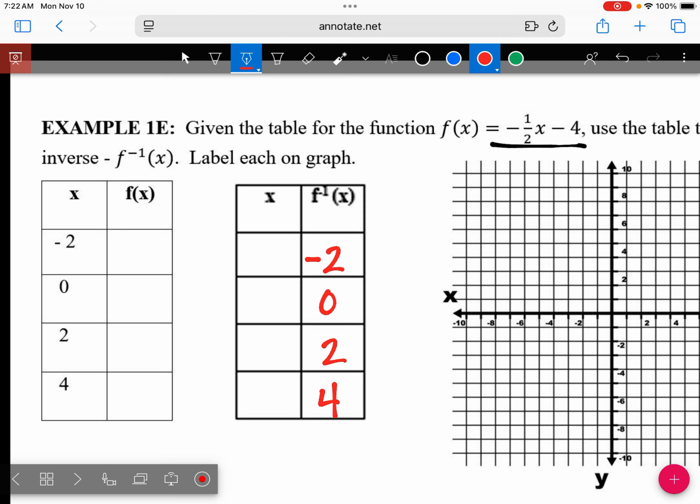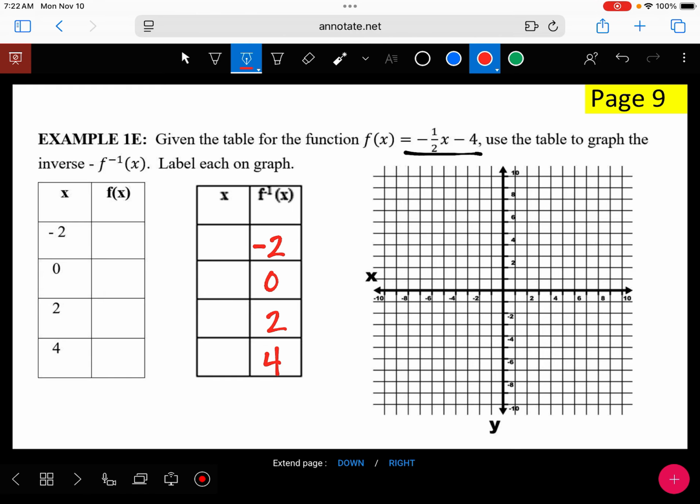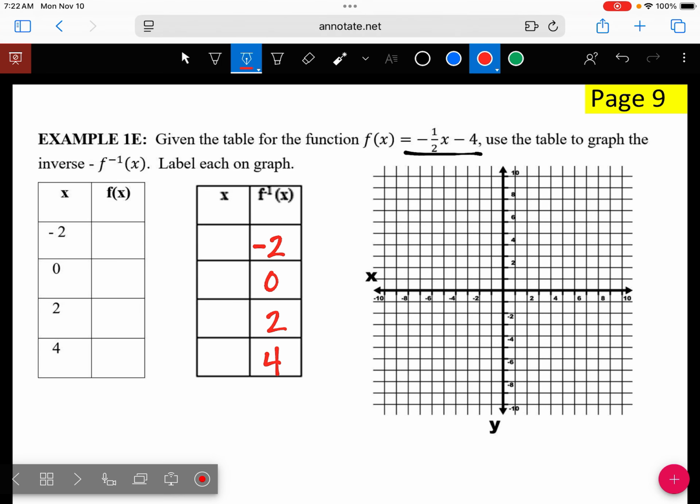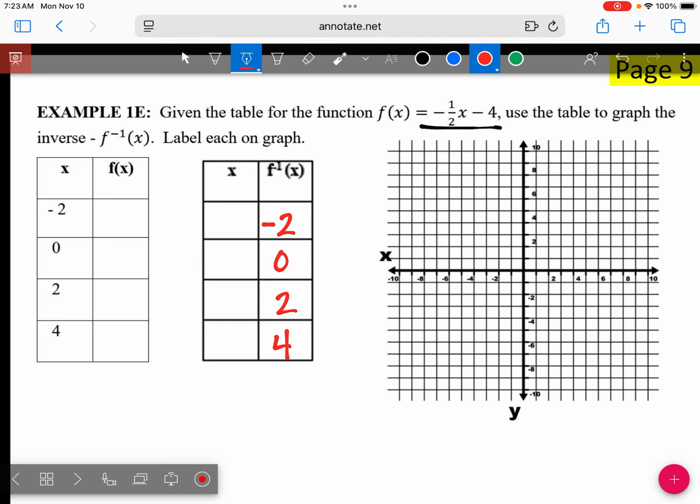So now you're going to take that negative 2 and you're typing it in to your function. So you're going to do negative 1/2 times negative 2 minus 4. And then you're going to continue with the other 3 numbers. So go ahead and find your 4 numbers.